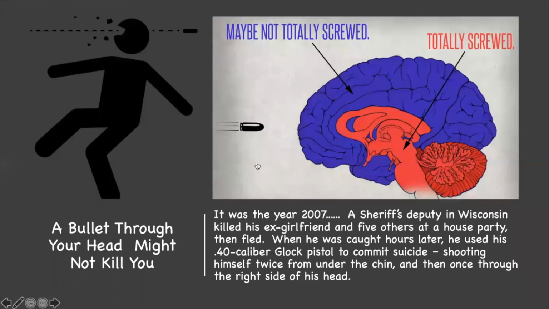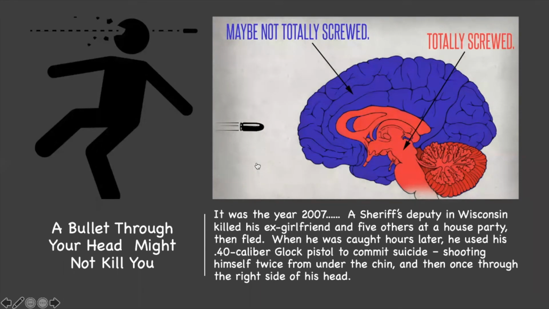One was this is 2007. There was a sheriff's deputy in Wisconsin, killed his girlfriend, killed a bunch of people at a house party, and then fled the police. When he got caught, he took his 40 caliber Glock, which is a significant type of pistol as far as stopping power, and tried to commit suicide.